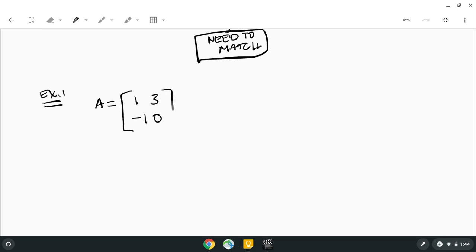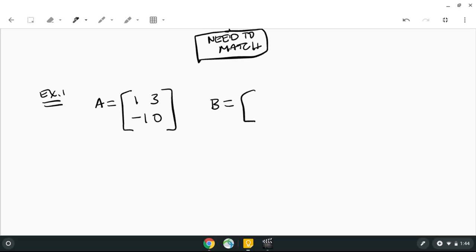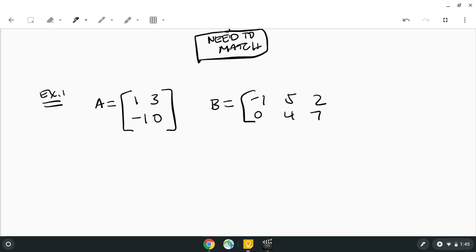And suppose that matrix B is negative 1, 5, 2, 0, 4, 7. Unlike addition and subtraction, where they have to be the same dimension in order for you to add or subtract them, that's not true here.